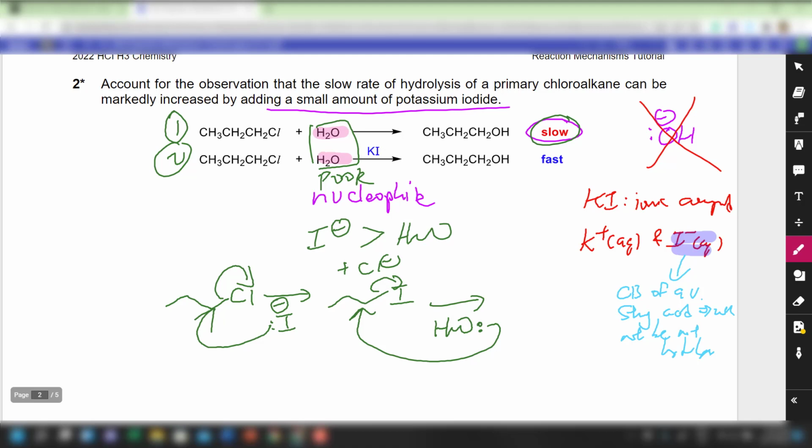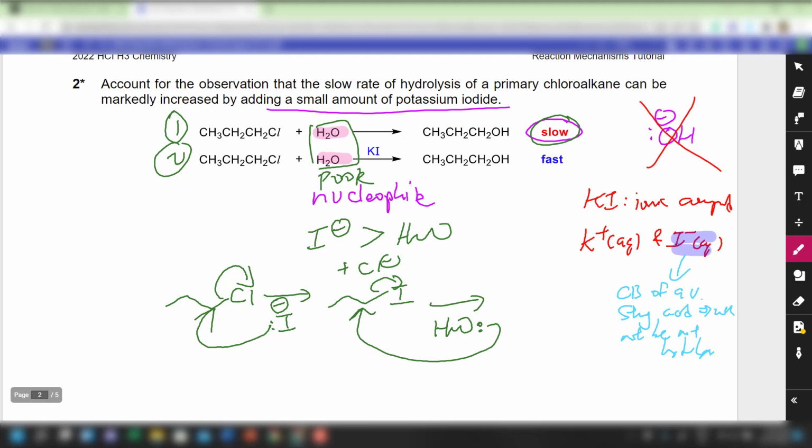But the better leaving group also tends to be a poor nucleophile. So in this case, we have the best of both worlds because iodide, being highly polarizable, is itself a better nucleophile than water. So iodide can replace Cl, and because the C-I bond is weaker than the C-Cl bond, that makes the bond more easily broken, and iodide is a good leaving group as well.